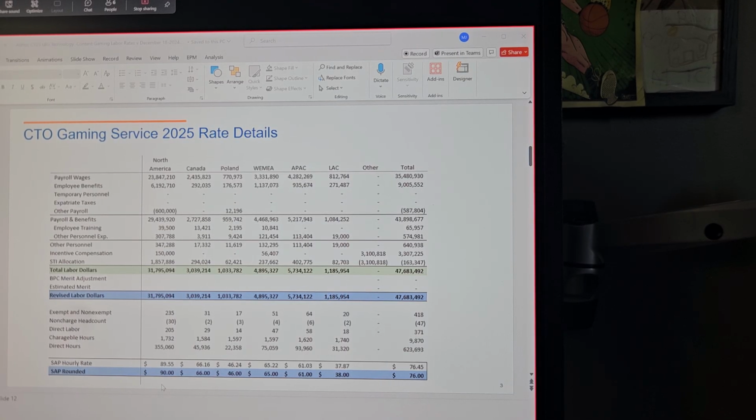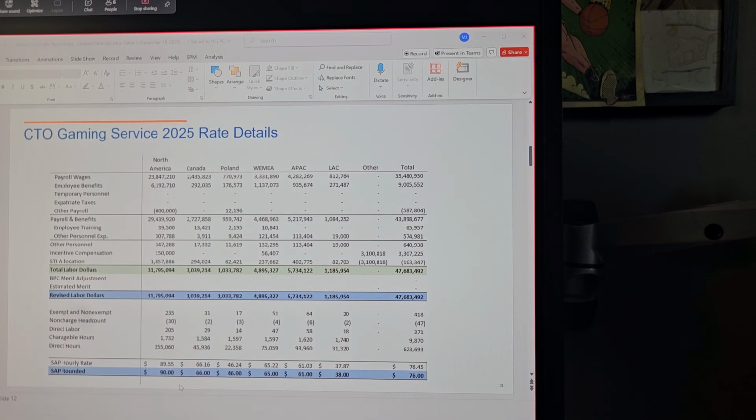Yeah, because if you took 23,847, 210 times 1.2 divided by 2080. Well, you've got to multiply that number by 205 times 2080, which comes to like 466,000 hours. Oh, because of the number.